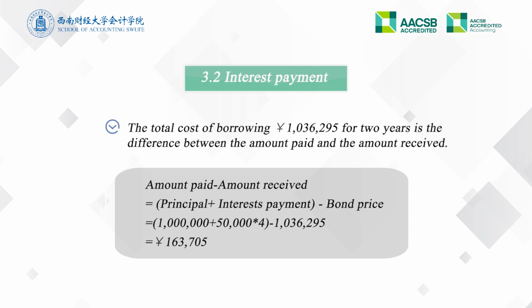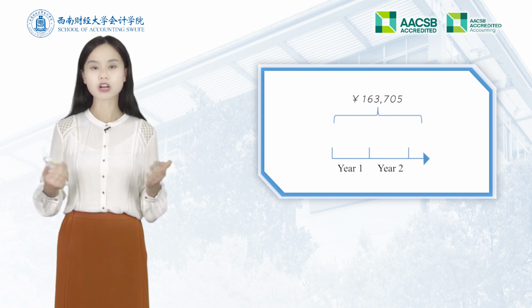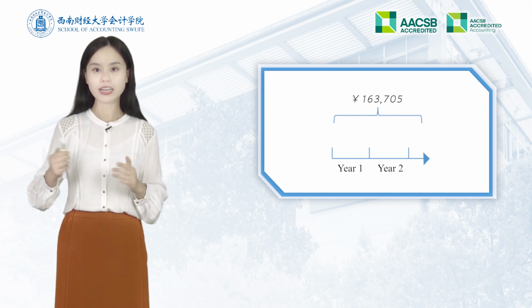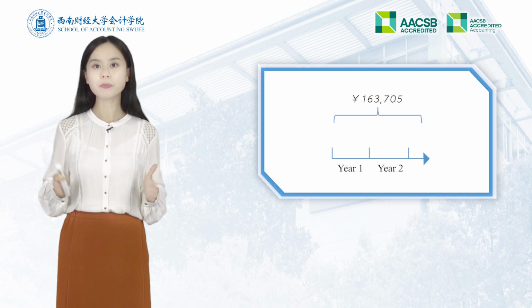The amount paid minus the amount received is equal to the sum of principal and interest payment minus the bond price, which is equal to 163,705 yuan.